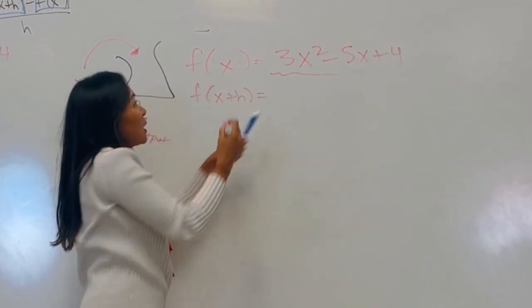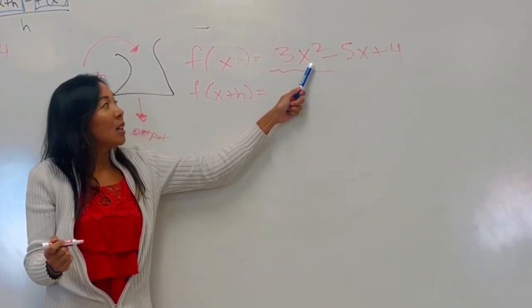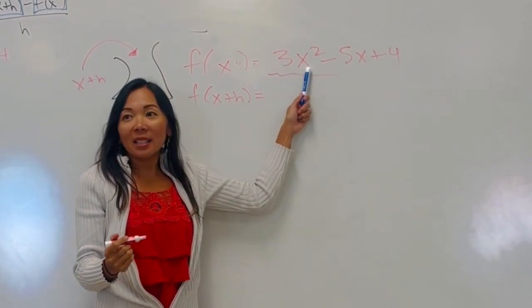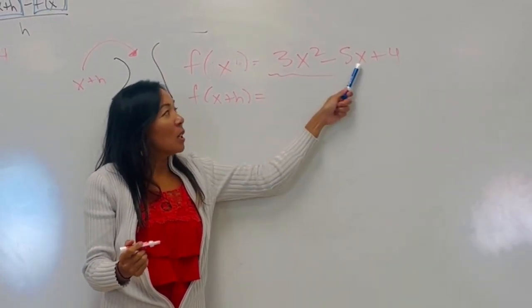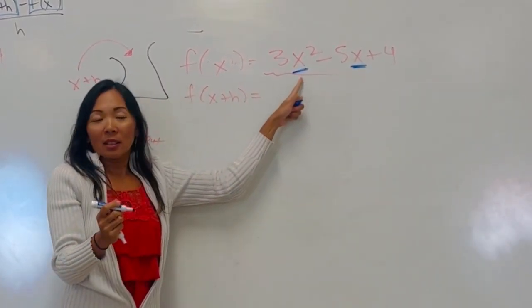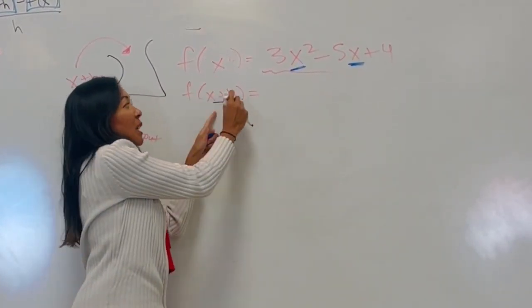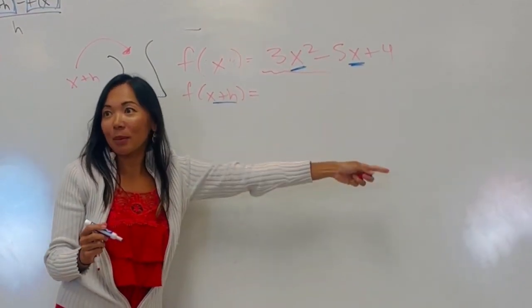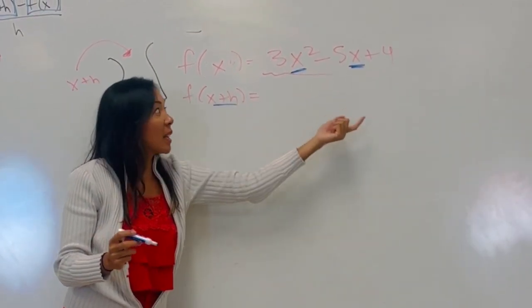That's what my function is with an x in it. But now wherever I see my x, this is my input. Wherever I see my x, what am I going to put in place of the x? Yep, I'm going to feed it x plus h instead. Everything else stays the same though. The whole shebang stays the same.